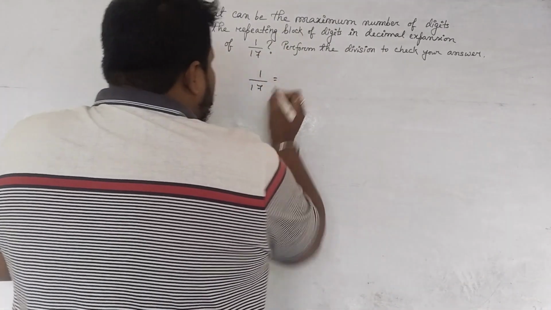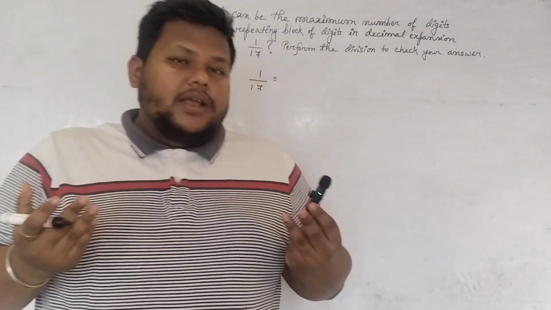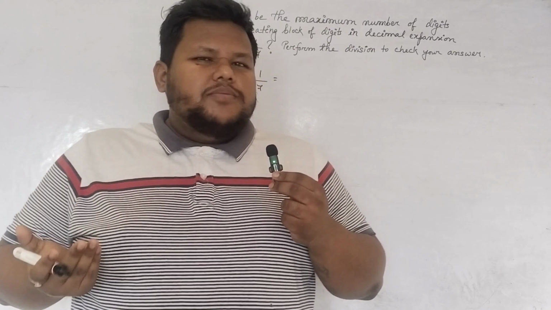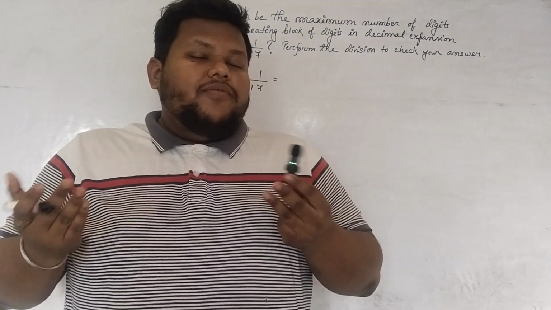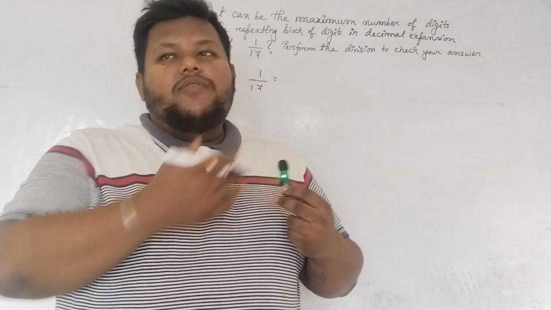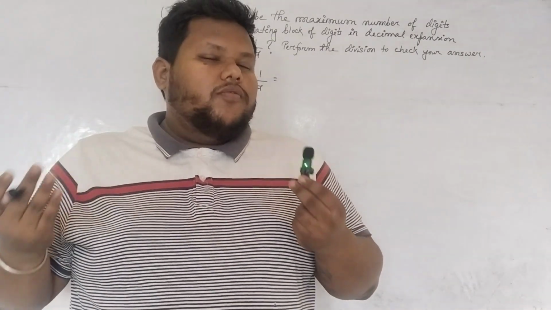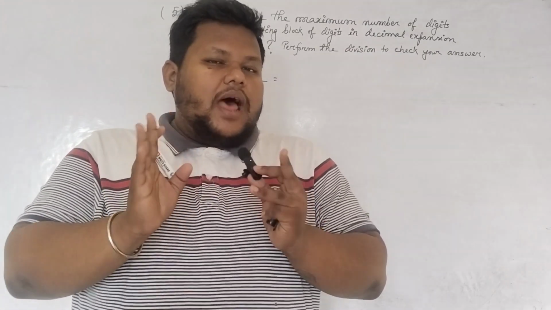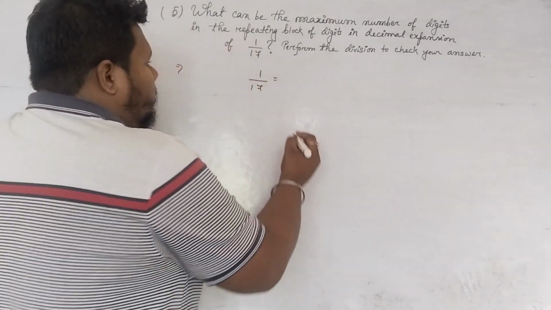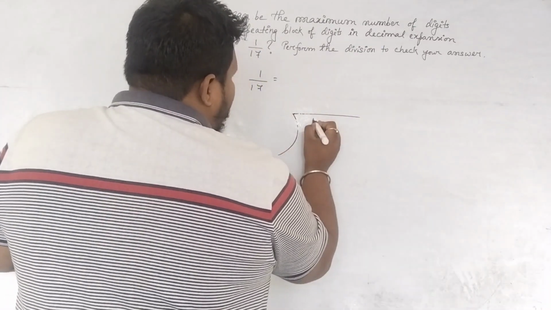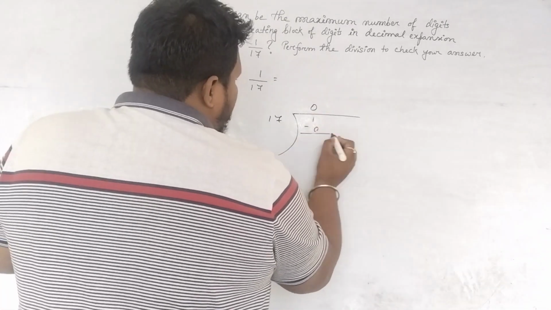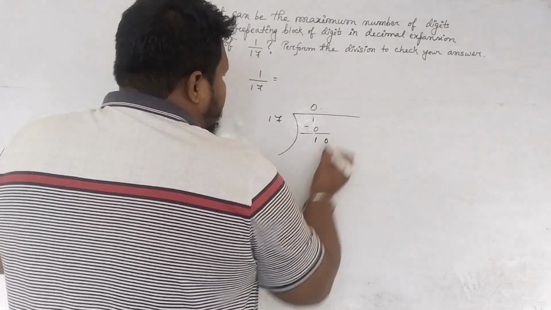If I actually go to divide it, it will be much longer. A question like this hardly comes in the exam. But even if it is asked, then you have to divide it. Since if I keep on dividing, it will take a lot of time, I am just giving you the idea how to do it, and you can divide and find the answer. So 1 by 17, you divide 1 by 17. 17 zeros are 0. 1, decimal, 0 came.